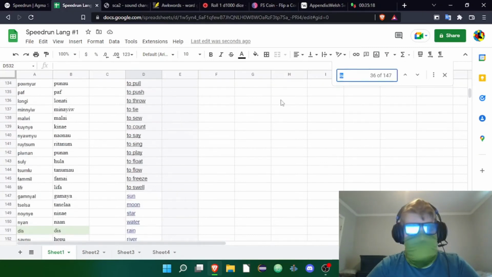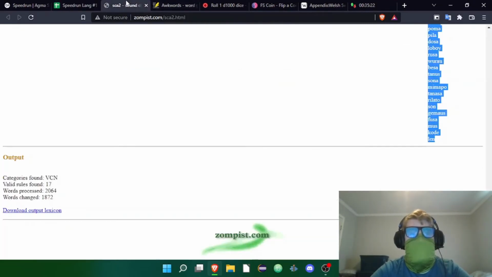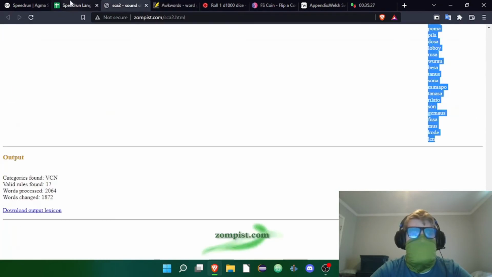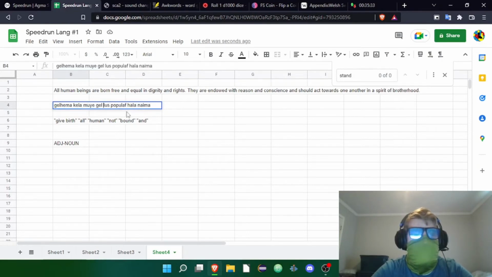Let's use to stand as a copula. So gel or gela, and we'll link these clauses together using that. So gelhema, gelamuye, gel.